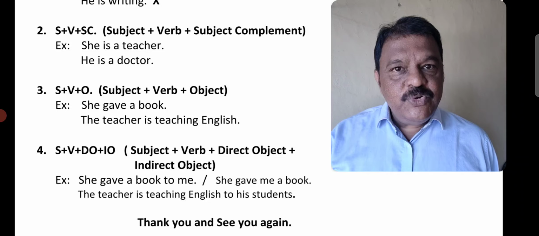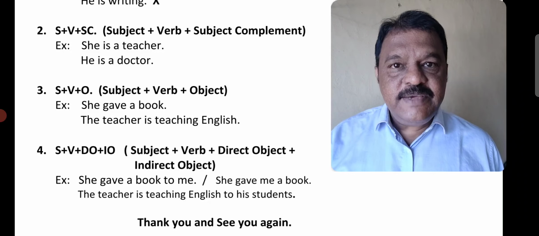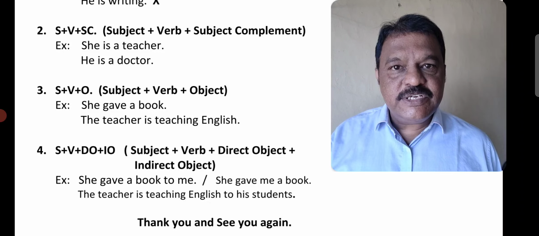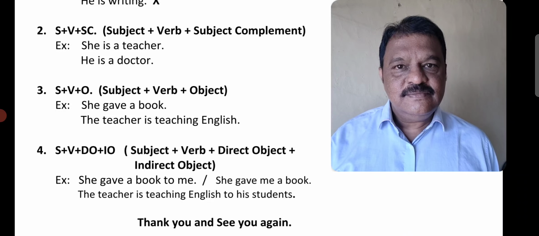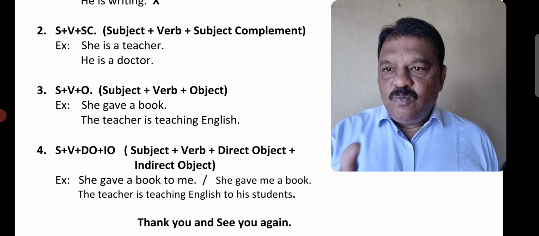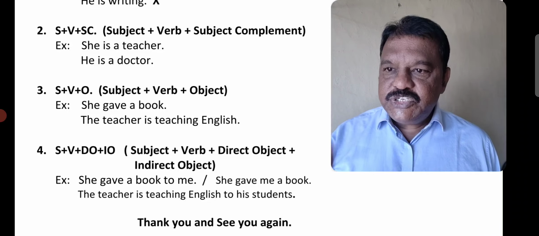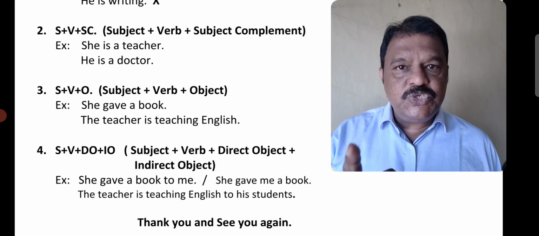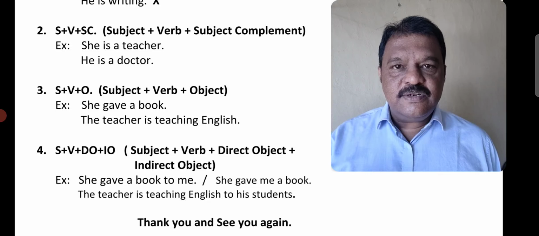I am going to give you a formula which you have to remember so that you can identify the direct object and indirect object from any sentence. Got it? We have got a small sentence here. She gave a book to me. This is just a small sentence.